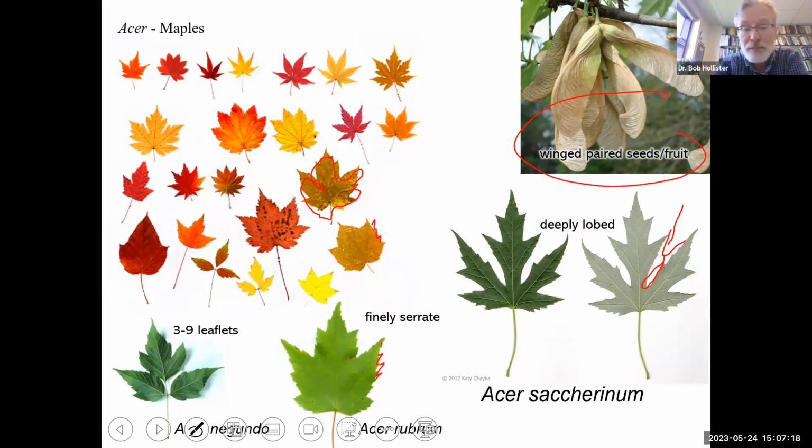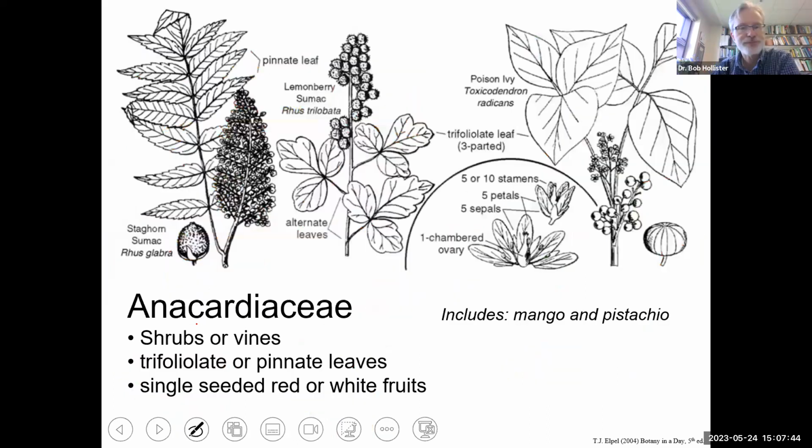And then the box elder, or Acer negundo, which looks like poison ivy. However, it doesn't really look like poison ivy because poison ivy has alternate leaves, whereas these are opposite leaves. And it can have way more leaflets, but the most common would be to have 3. So that's Aceraceae.